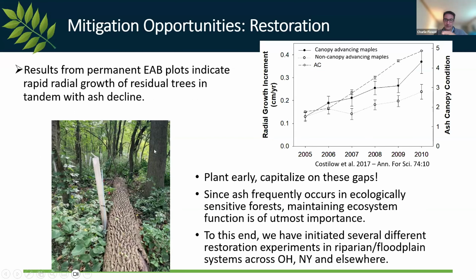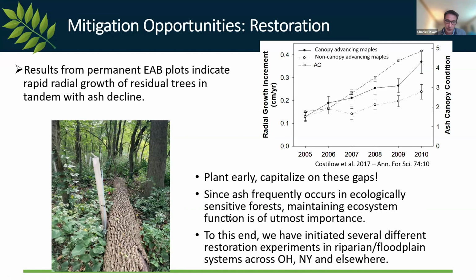We've got some different experiments across the eastern U.S. that are doing this, and we've been working to select trees and species that will fill different structural components of these gaps. We're looking for understory, mid canopy, and canopy trees.